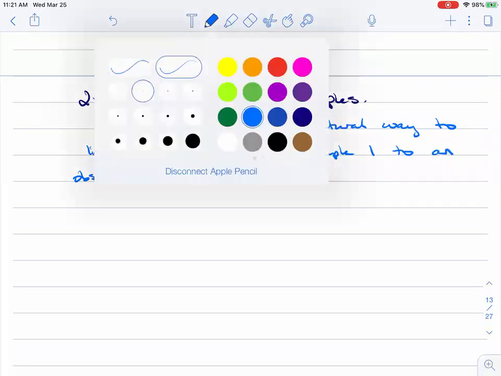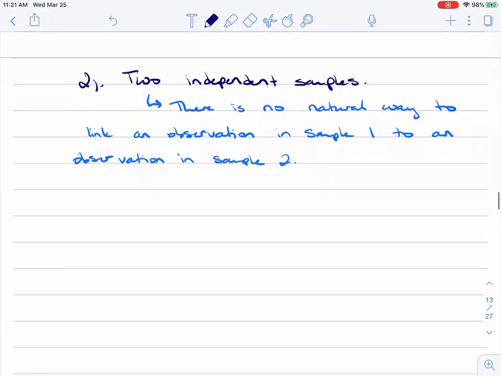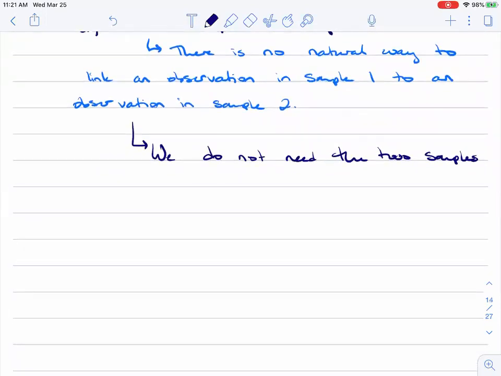And what's kind of fun is, we'll get there next day, but we do not need the 2 samples to even have the same sample size, which to me is kind of cool.